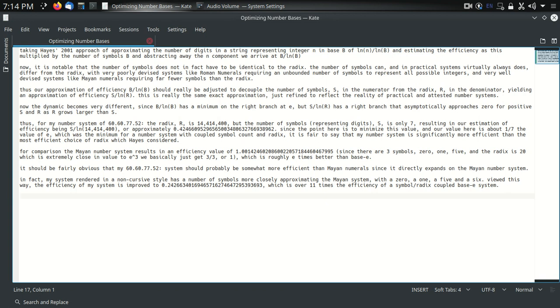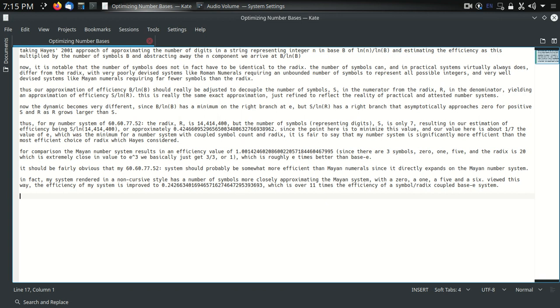And the whole goal is to minimize it, right? We're looking for that minimum, so we want the smallest possible value. So by decoupling the number of symbols from the radix, we can actually achieve efficiencies in a number system that are vastly superior to base e, the Hayes alleged maximally efficient number base.